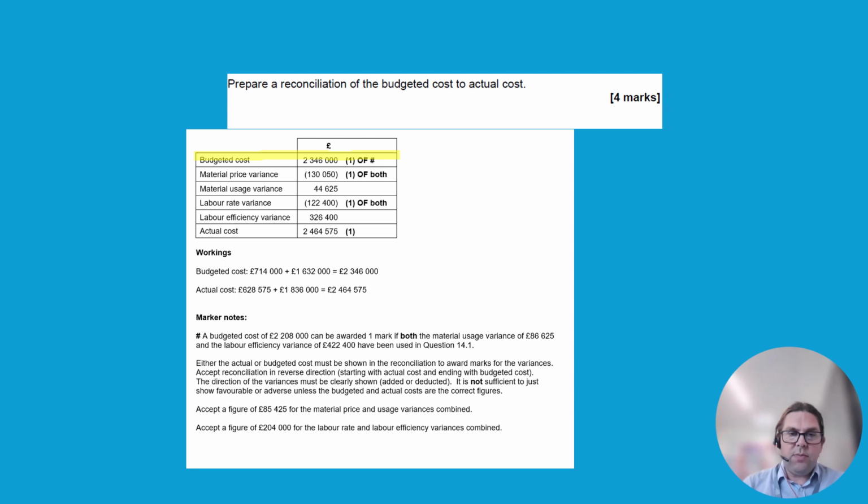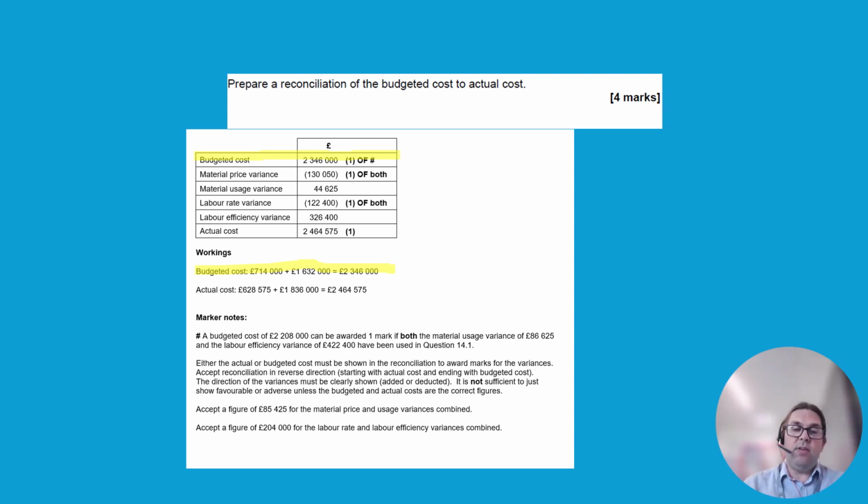To work that out, you add up the budget cost figures at the top of the question, divide them by 48,000 units, that gives you the per unit figure, and multiply that by 51,000. What you then do is you take away any favourable variances, because if you're going from budgeted to actual, favourable is going to be lower, adverse is going to be higher.